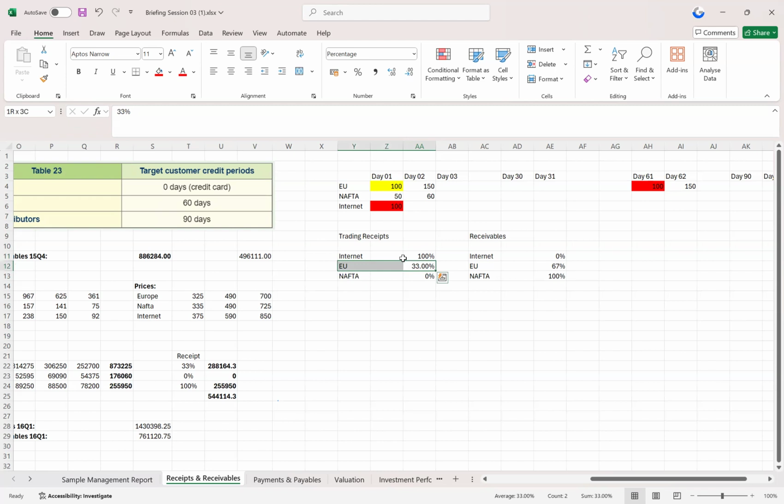So there are 90 days, so that means 33%. This is subject to whether we have a warehouse stock. If we do not have a warehouse stock, that means we will lose the sales in the initial days, and the sales will be more in the next 60 days, right? Right, sir. But for the calculation purposes, we are going to assume 33%.